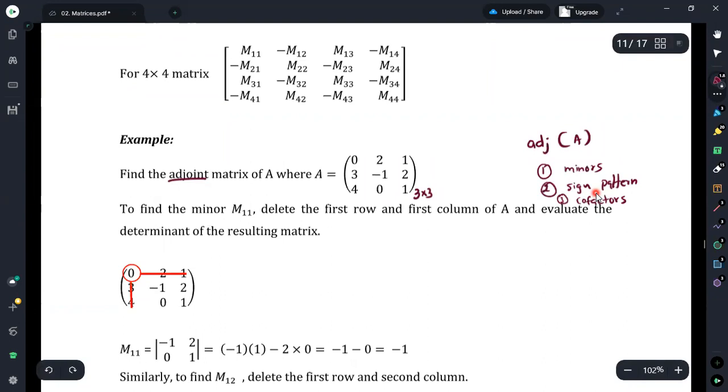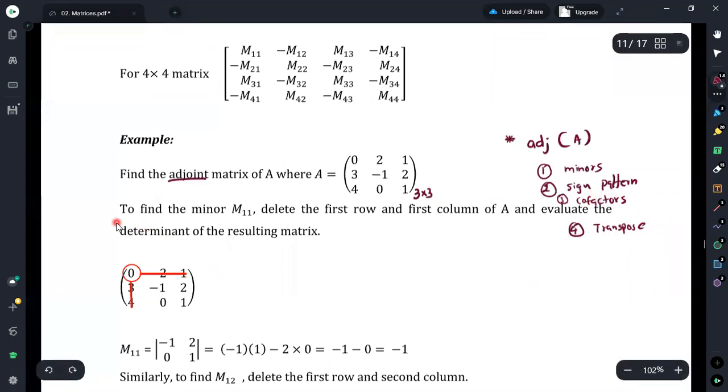To obtain the cofactors, we can combine the sign pattern with the minors, and for the fourth step we have to take the transpose of the matrix which includes the cofactors. Therefore, these are the four steps that we need to follow to obtain the adjoint of a matrix.